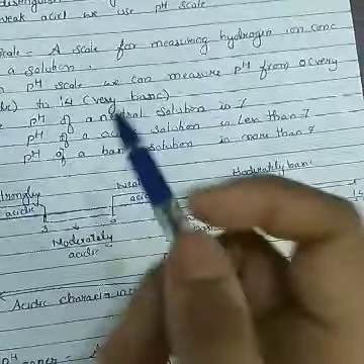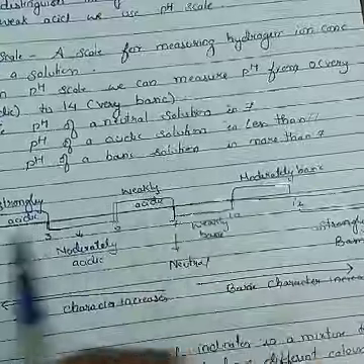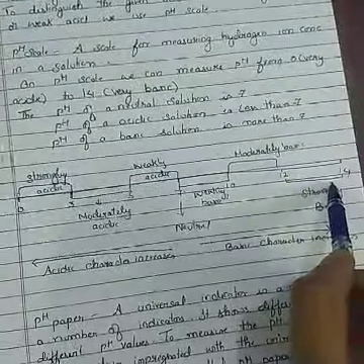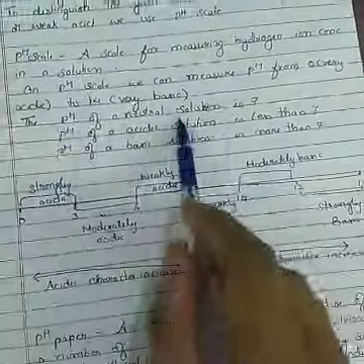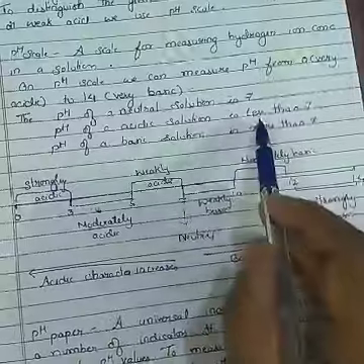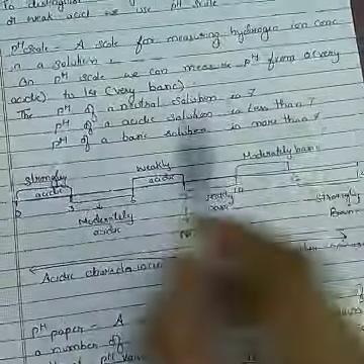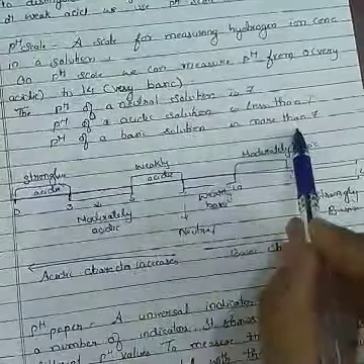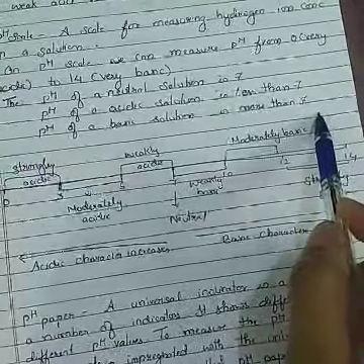The pH of a neutral solution is 7. The pH of an acidic solution is less than 7 and the pH of a basic solution is more than 7.